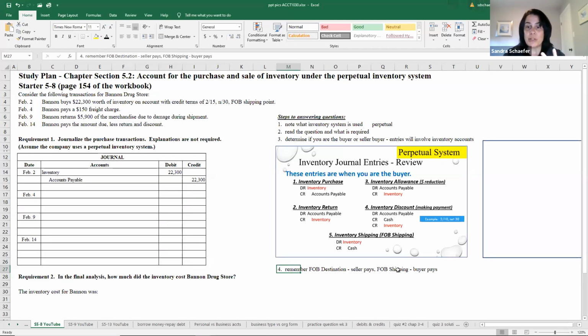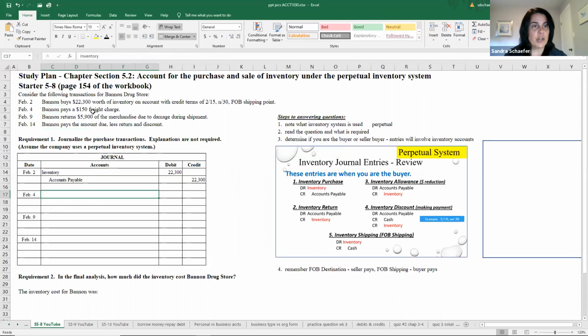So you have to answer two questions. Which one are we using, shipping or destination? It tells us we're using FOB shipping point. And are we the buyer or the seller? Well, we're the buyer, which means that if it's FOB shipping, we are going to pay. So here is the journal entry that we have to record for the freight charge.